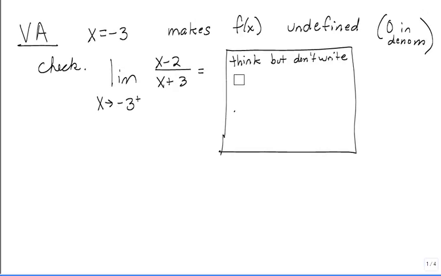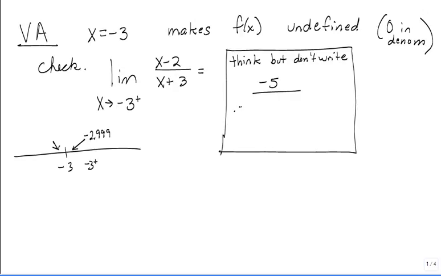Well, that makes the numerator -5. The numerator is approaching -5. Okay, and here's a number line. Here's -3. Close to -3 on the, okay, let's go from the right. On the right, that's -3 plus. Real close to it will be -2.999.